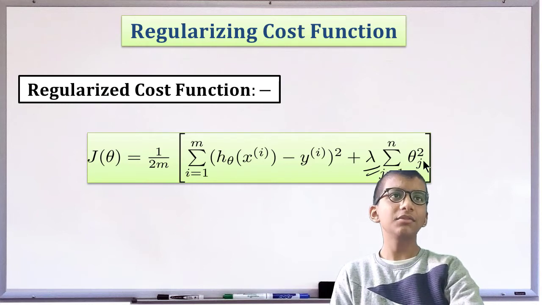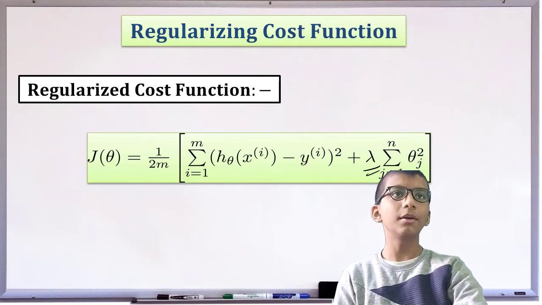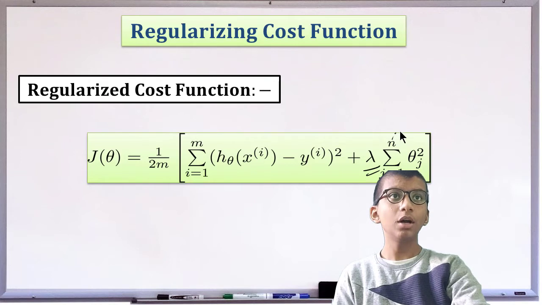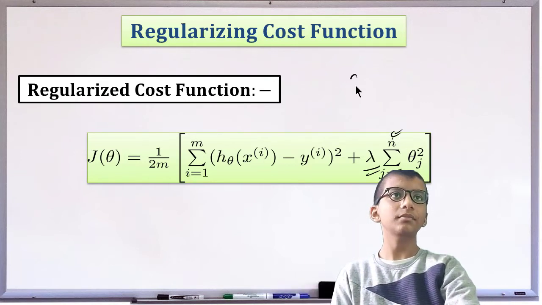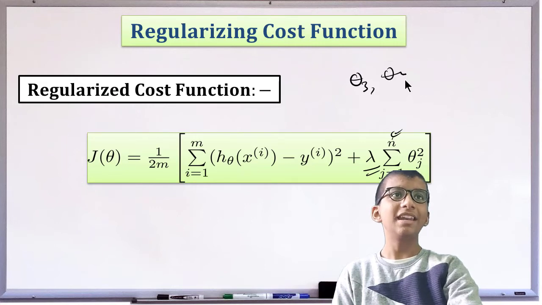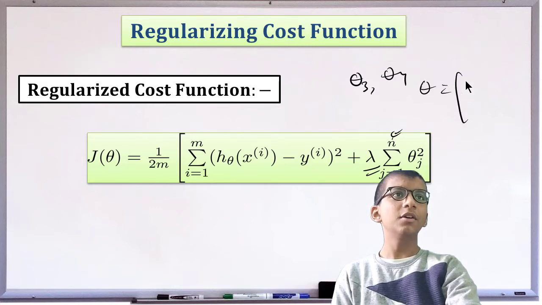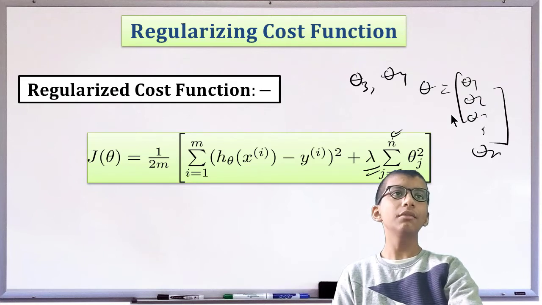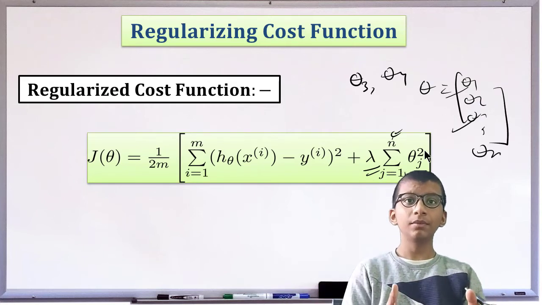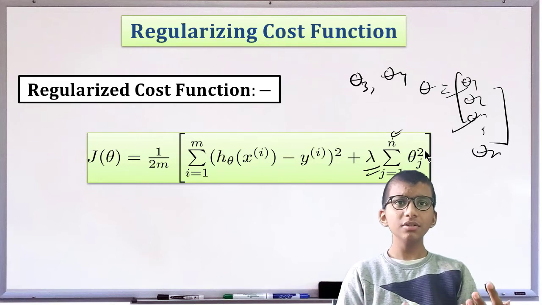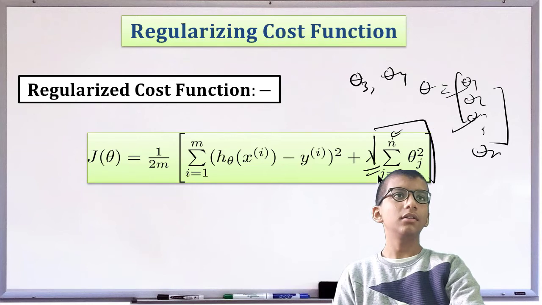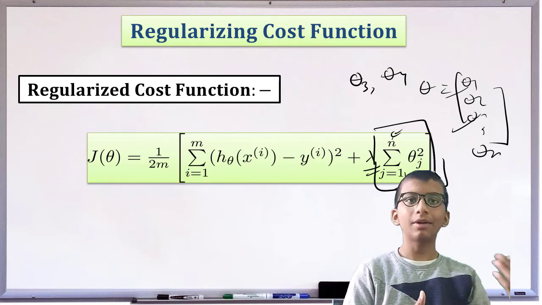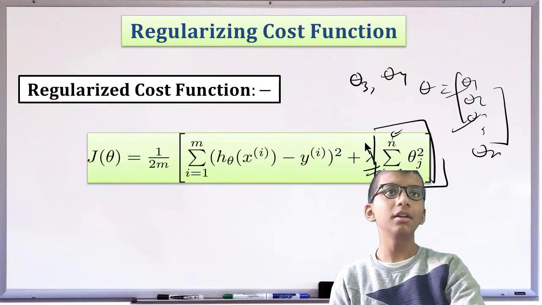We go from 1 to n for our theta values. Previously we had theta 3 and theta 4, and in this it can be theta 1, theta 2, theta 3 all the way to theta n, and we regularize them and make them near to 0, using the hyperparameter lambda.